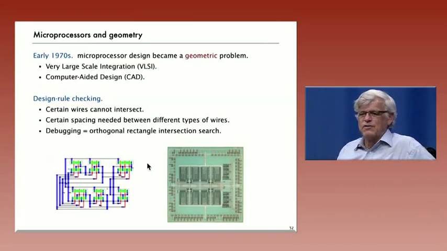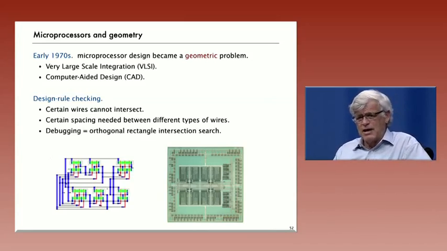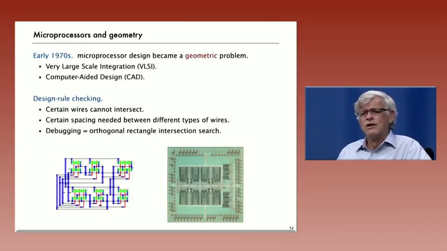Now, it was very expensive. You didn't want to have any bugs when you're making a chip. And there were various rules about what you can do on these drawings. Basically, these rules had to do with doing this orthogonal rectangle intersection search. You can't have lines that come too close to other lines. Certain types of lines can't intersect. You need spacing between certain types of wires.